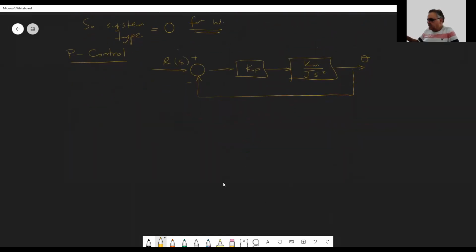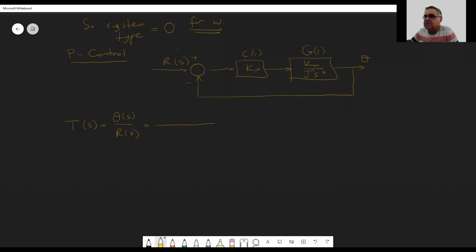So for this system, the closed loop transfer function Q of S, which is theta of S over R of S, is this thing multiplied K times G. If this is C of S, if this is G of S, okay.